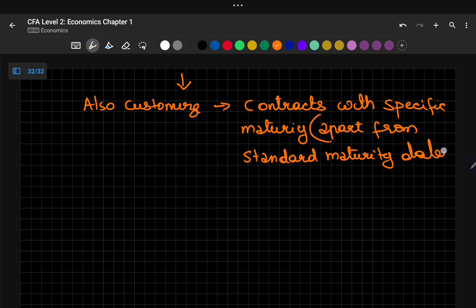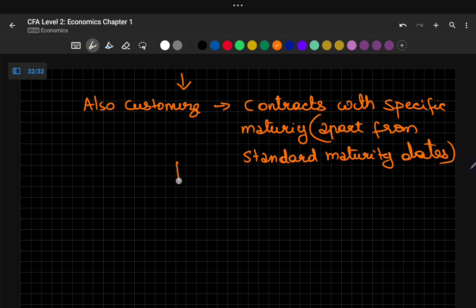That is, instead of 1 month, they can choose a maturity of 1.5 months, or 2.5 months instead of 3 months. They can create contracts with such maturities, because OTC contracts allow the clients to customize their contracts.